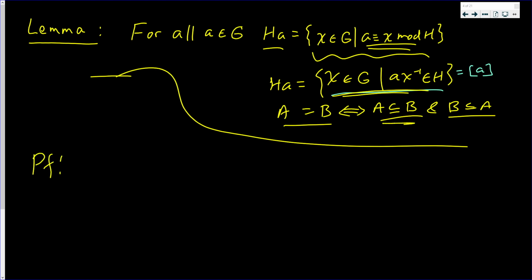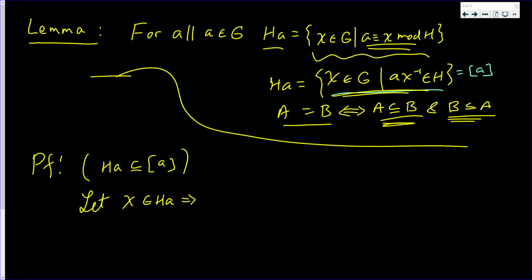So like I said, we have to show that one set is a subset of the other. So right now, I'm going to show that Ha is a subset of a in brackets. So we let something be in Ha. Let x be in Ha.